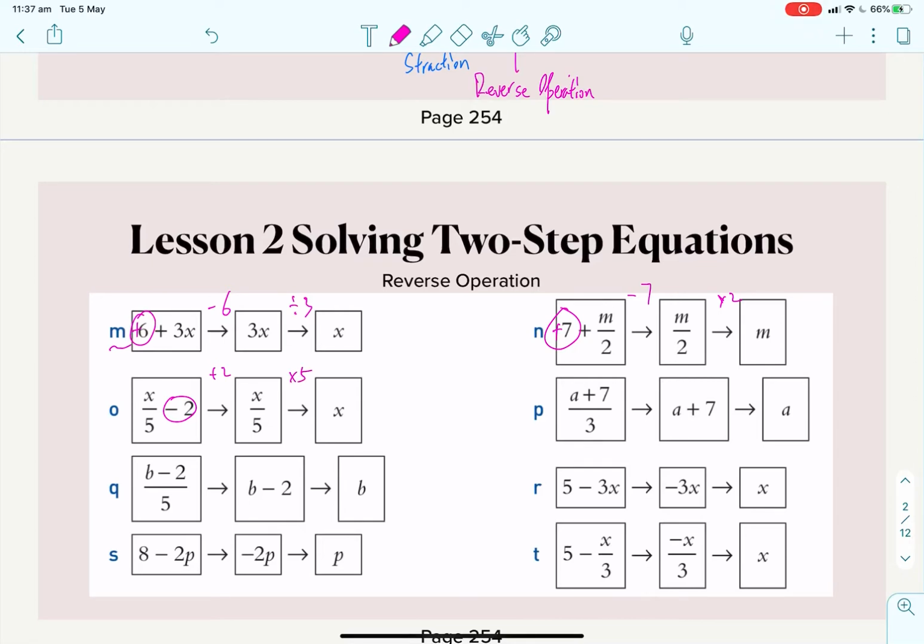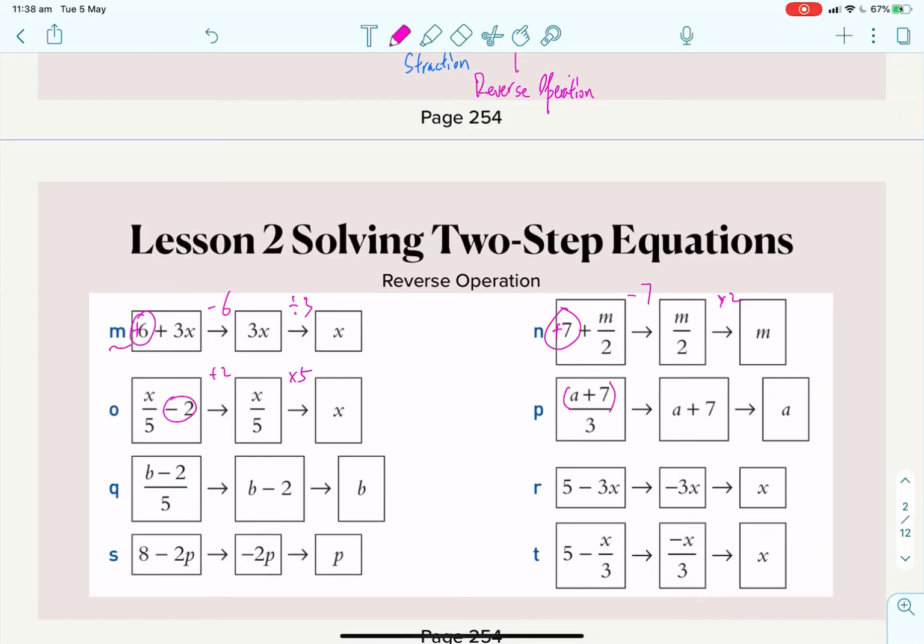This one is a little bit weird because we've got plus 7 over 3. In a fraction, if the top and bottom have more than one term, it's the same as having a bracket there.